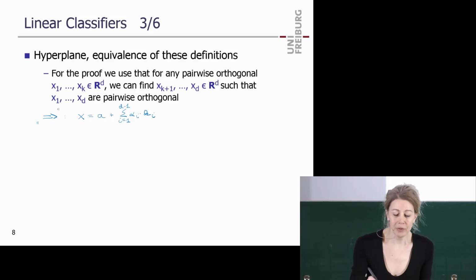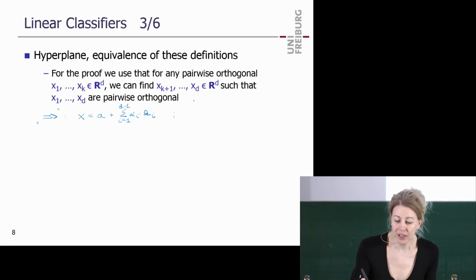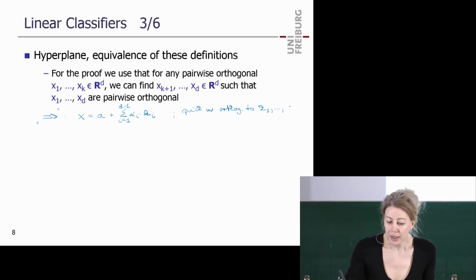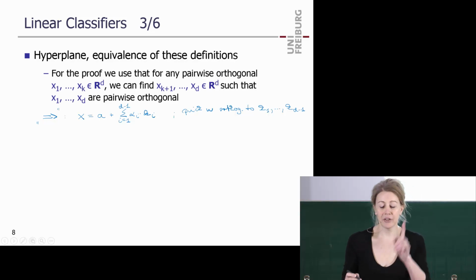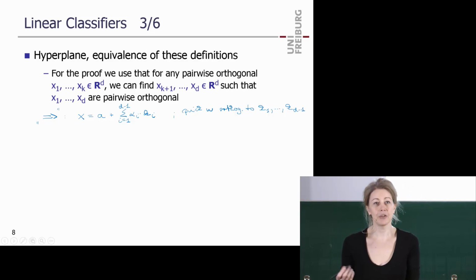It's just the anchor point plus some linear combination of those. Now pick w orthogonal to h 1 through h d minus 1, which I can do because there are d dimensions. According to this basis completion, I can find it, and this will be the normal vector of the plane.